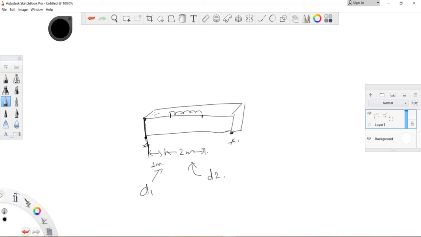If this is our center line, at what distance from the center line to the face do you want to apply your UDL? In this case D1 is 0, so D2 also you can say as 0, so the software will understand that you want to apply this throughout, and D3 will also be 0, which means that we are applying the load at the center line of the beam.